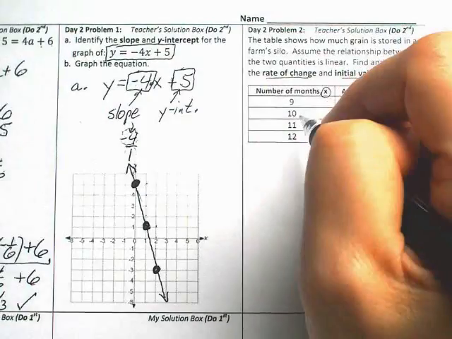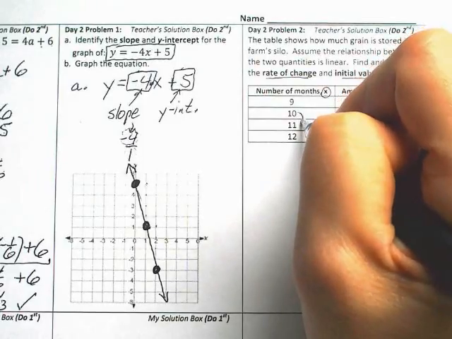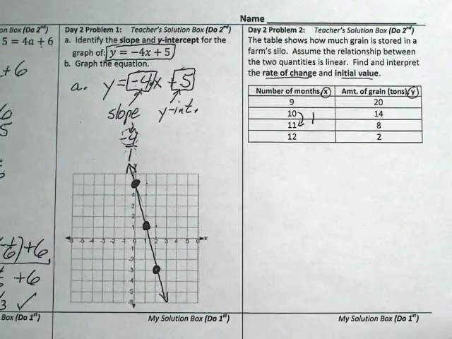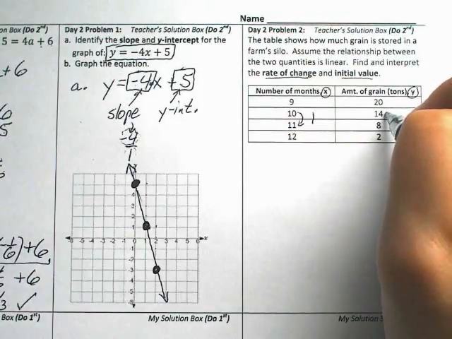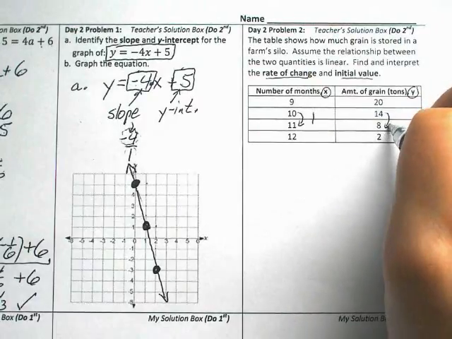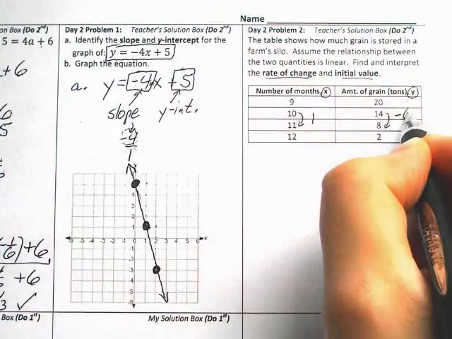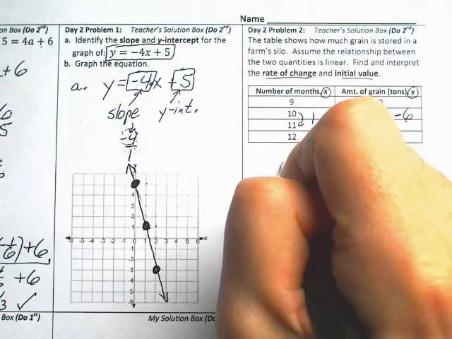For instance, we could look at this row and this row. So from 10 to 11, the x has increased by 1 unit. And while that happened, the y has gone from 14 to 8. It has decreased 6 units. And that comparison is called rate of change.